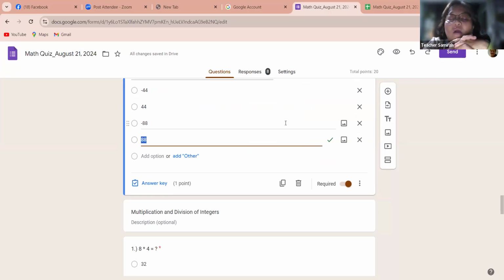Okay, by the way, before we proceed, do you understand it now? Is it much easier or clear for all of you? Is it okay now? Can you be able to remember the rules regarding addition and subtraction of integers? Anyone? Do you have some questions?